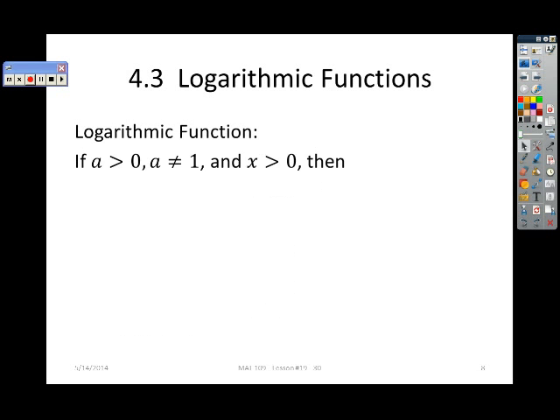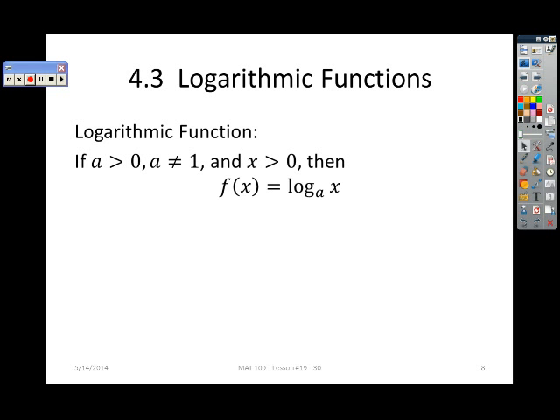Okay, logarithmic function. We have some restrictions. We have to have our base greater than 0, not equal to 1, and we have to have the number we're taking the logarithm of be positive. So the base and the number have to be positive, and we can't have the base be 1.